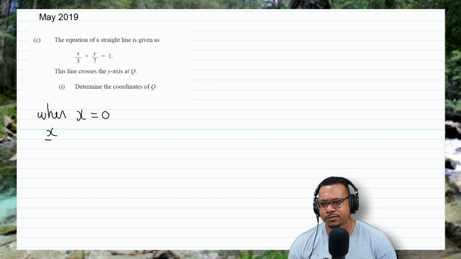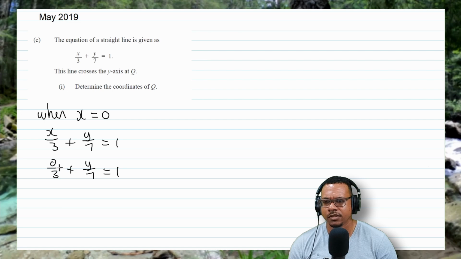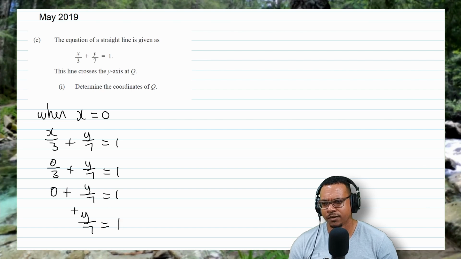That's how we're going to get the y-intercept. We're going to have x/3 plus y/7 is equal to 1. So replace the x with 0. So that's 0/3 plus y/7 is equal to 1. Any fraction with numerator 0 will be 0. So that's 0 plus y/7 is equal to 1. So we end up with y/7 is equal to 1.